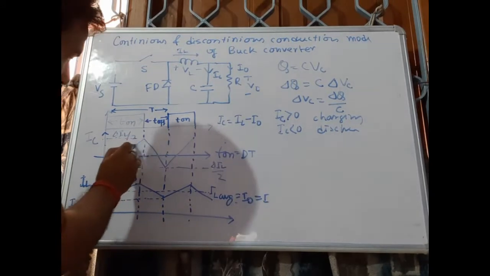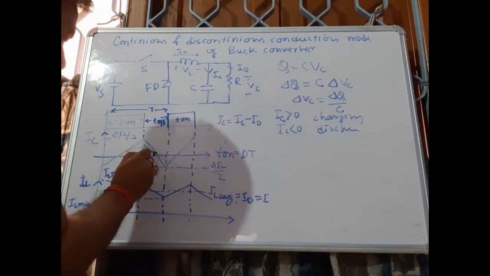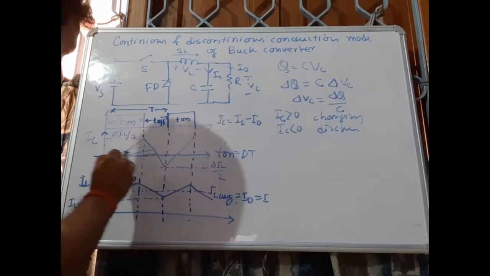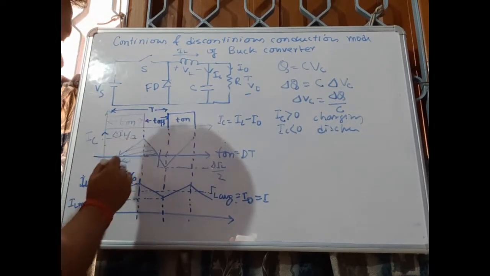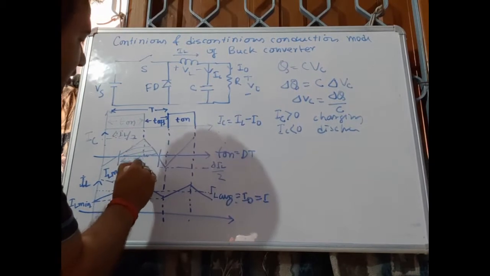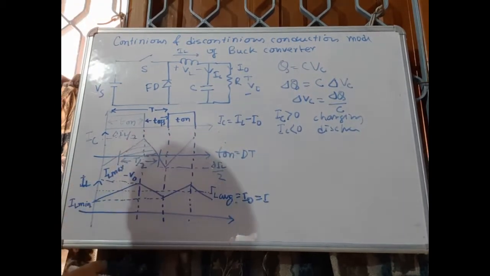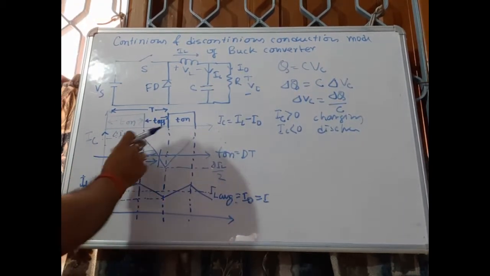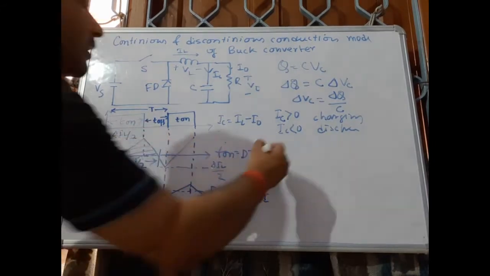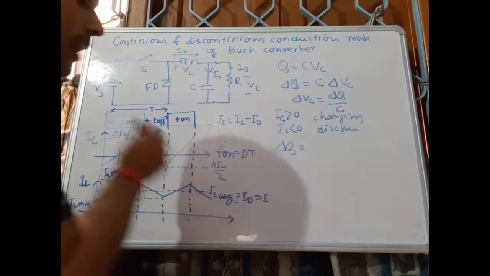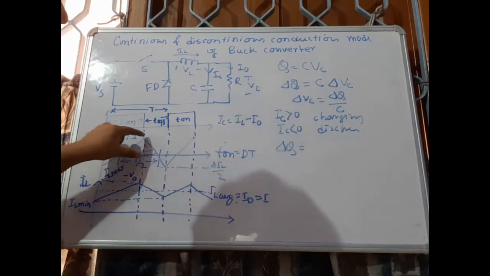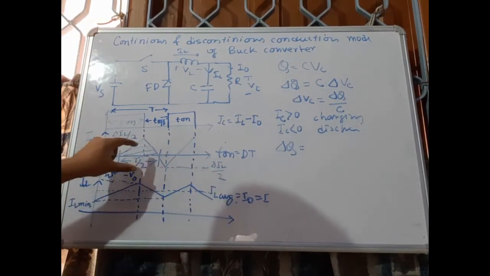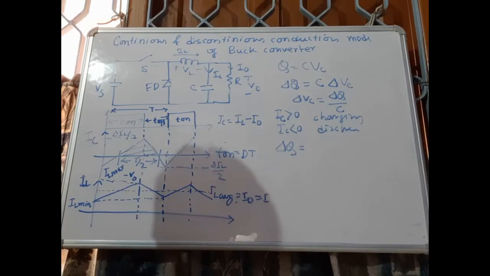The area across this, if this is T, this is actually capital T by 2. So what is the area? ΔQ is the area in the charging condition of the capacitor.